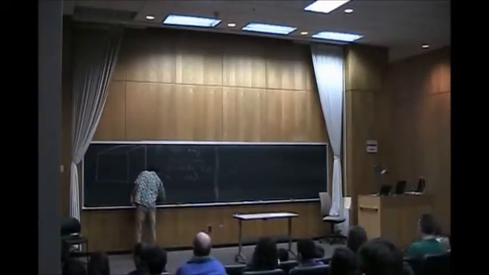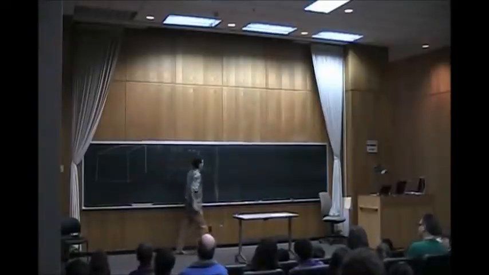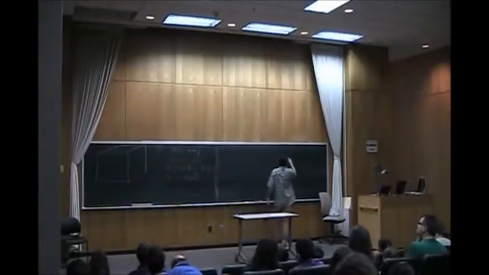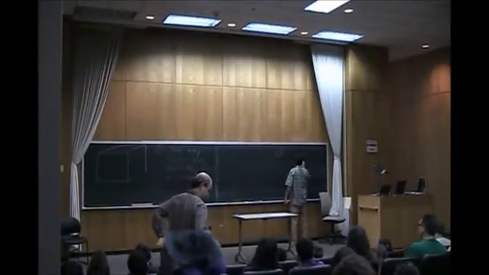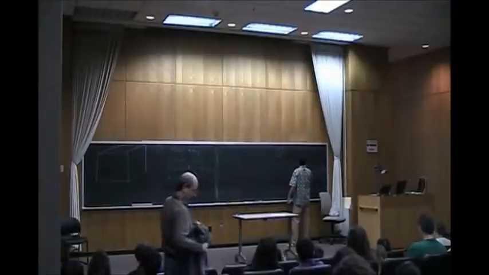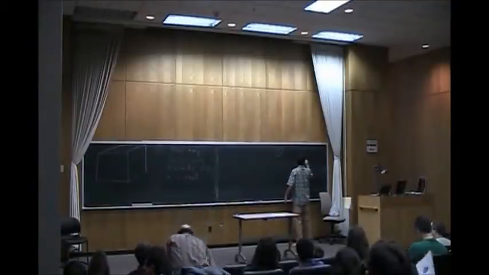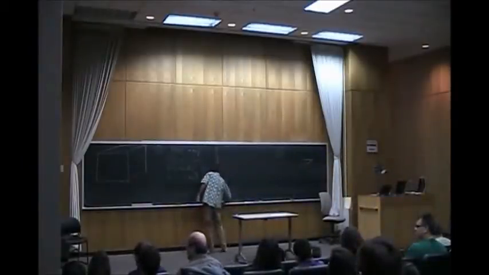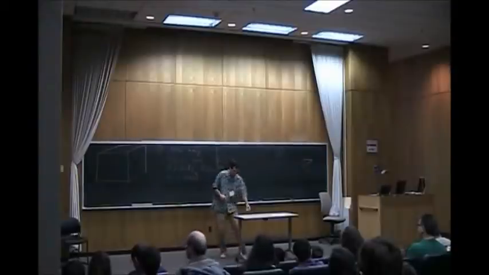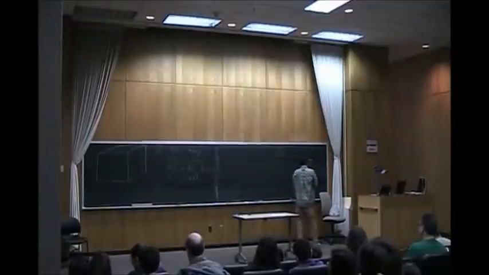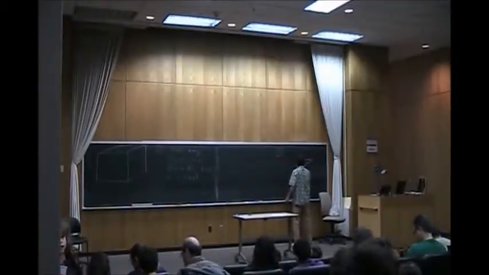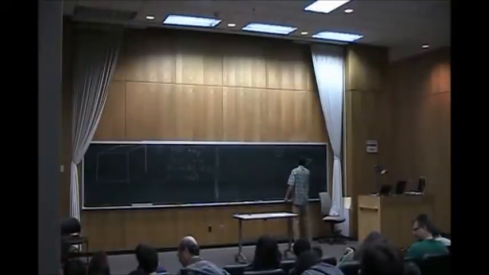The second question, we'll stick on the second board, is going to be, what is the relationship between areas of these semicircles?